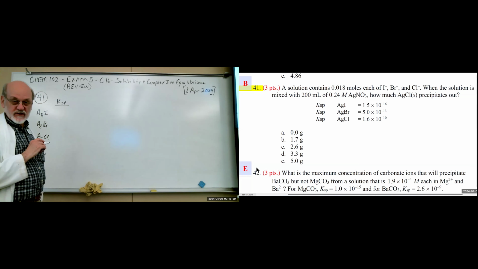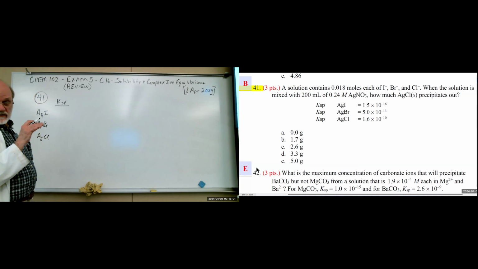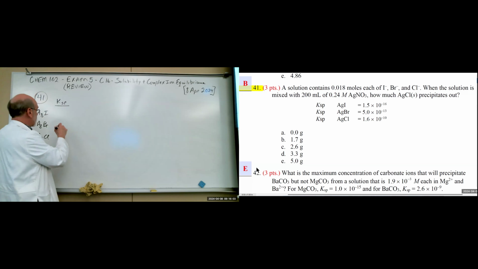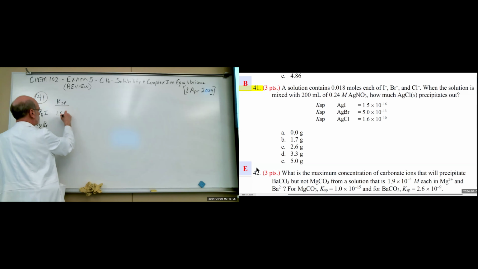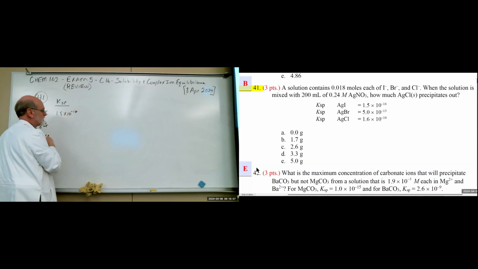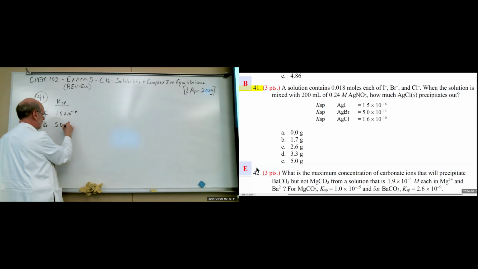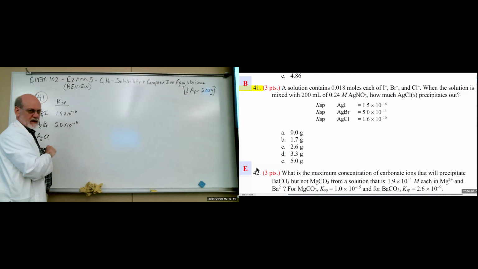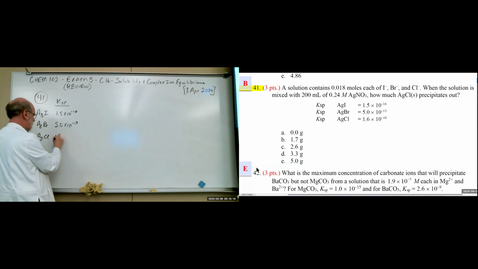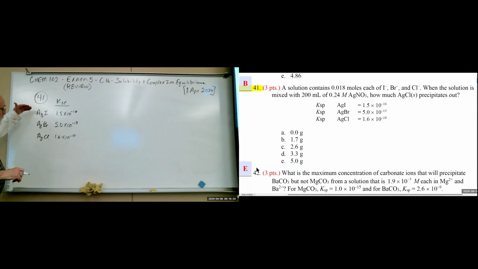The KSP of each one is given, 1.5 times 10 to the minus 16, then 10 to the minus 13, and 1.6 times 10 to the minus 10. This is a case where you can directly compare the KSPs to determine the order of solubility.